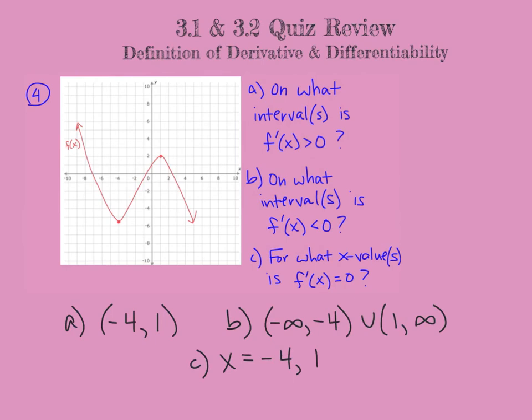And for what x values is f prime of x equal to 0? Well, when our function's neither increasing or decreasing, so a lot of times at minimum and maximum values, locally minimum and maximum values, right? This doesn't have any minimum or maximum value since it goes to the infinities, but at these local dips and high points, called local mins and maxes, f prime equals 0 because it would have horizontal tangent lines here.